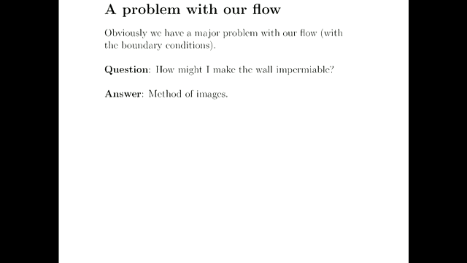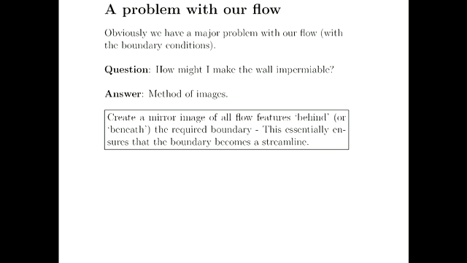So the answer is with this, and it's by no means obvious, the answer is to use this method of images, okay? And the method of images is very, very straightforward, and we'll see how it works in just a moment. But basically, the method of images just suggests that if we want a solid boundary anywhere within our flow field, we just make a mirror image of all of those individual flow features below that solid boundary.